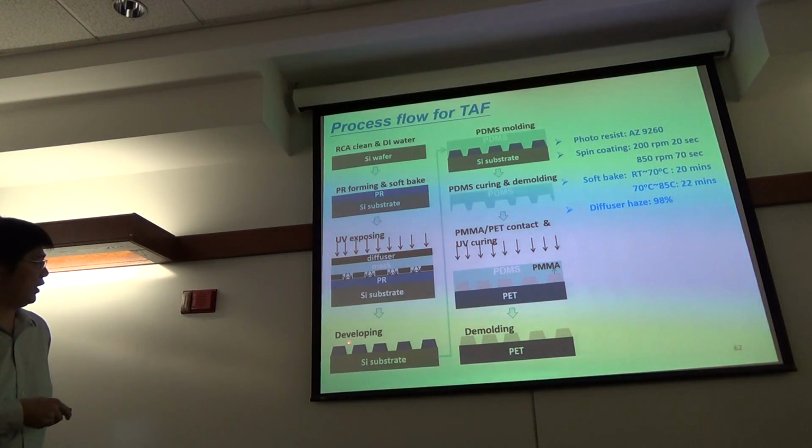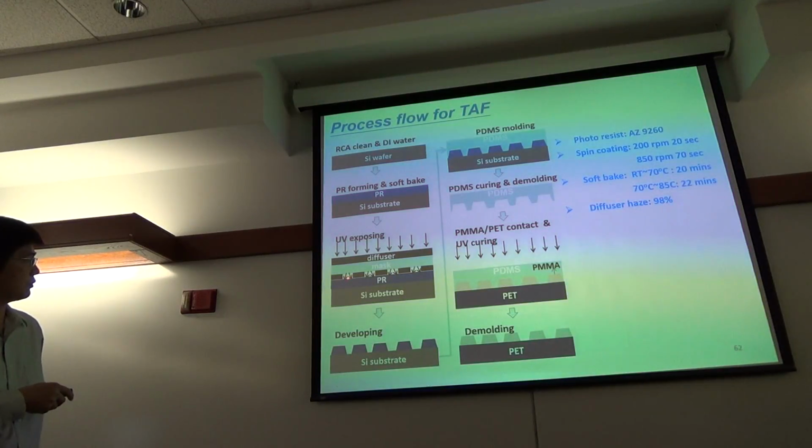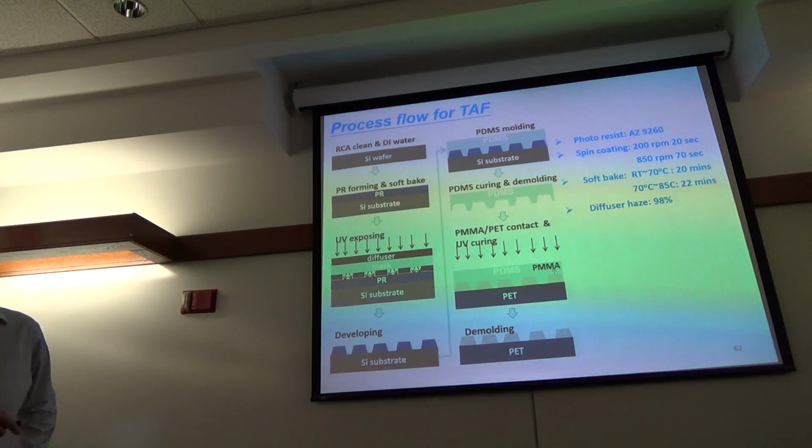After the develop, the irradiated part will be washed out, and for the top surface, the exposure dose is higher, so they will have this kind of slope.